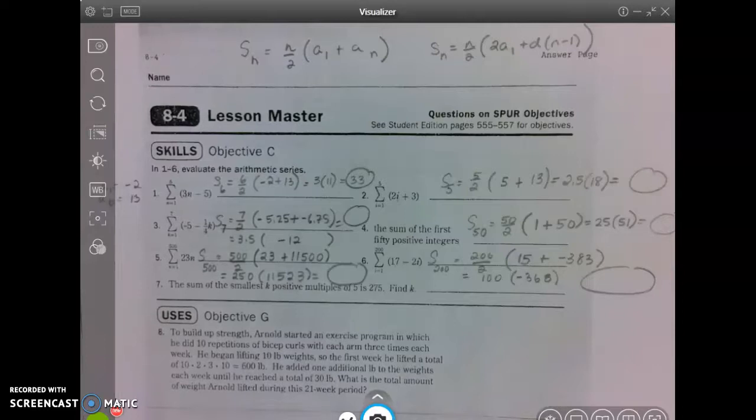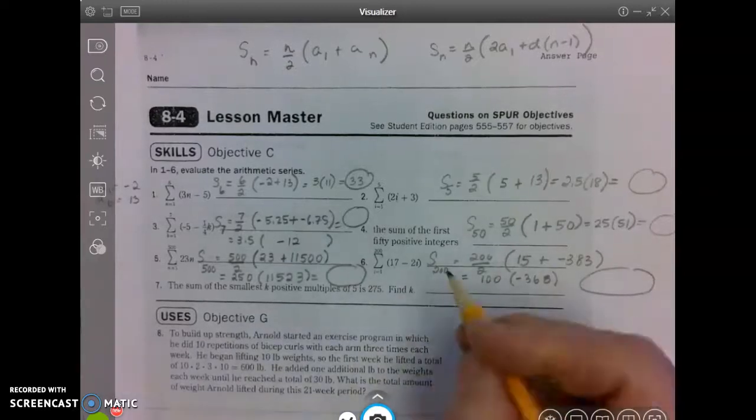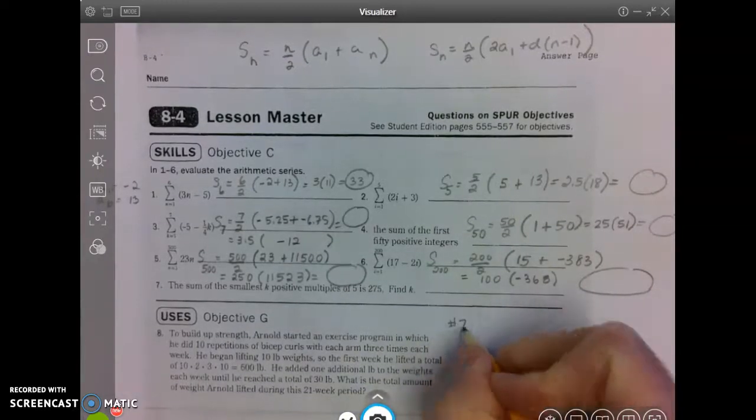The sum of the smallest k positive multiples of 5 is 275. Find k. I don't know what k is, so I'm going to do number 7 right here.